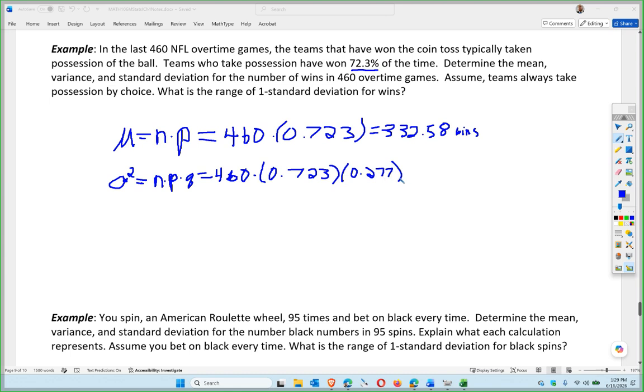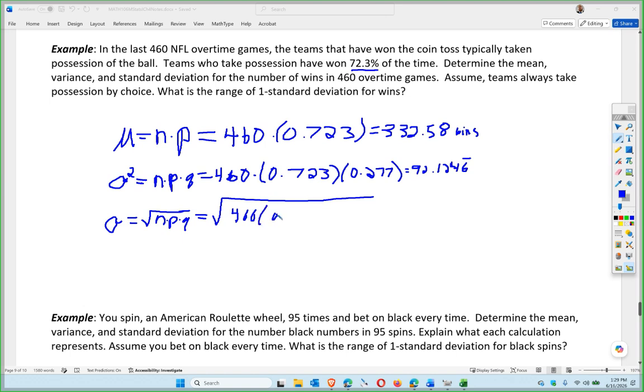So you multiply that, you're going to get like 92.12446. Right? But you don't really need to calculate that, you know what I'm saying? We don't need this answer because we really want standard deviation, which is the square root of that, right? That's what we really want.